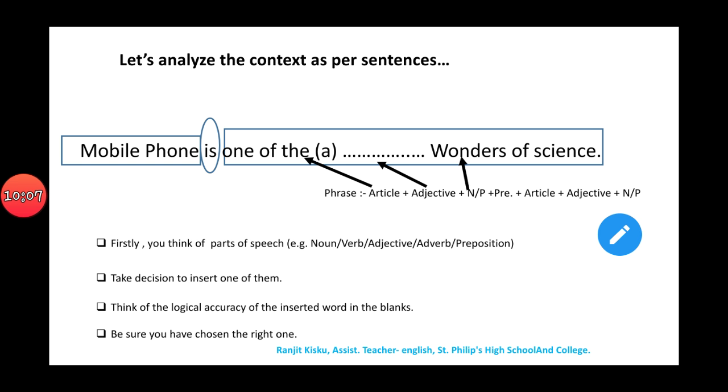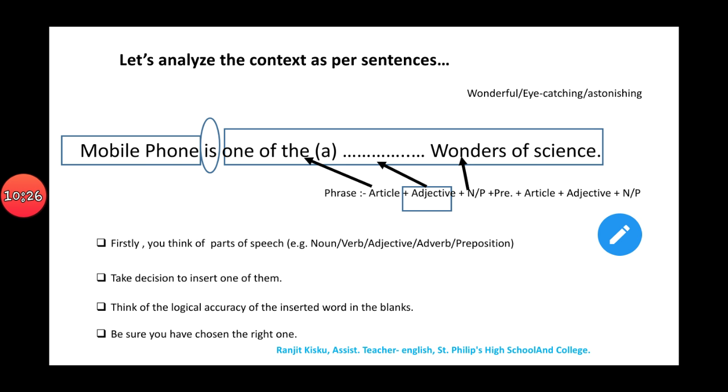So when you get the context, you must remember that note that the context may be of situations. So we need to know situational words here. Wonders dash wonders. So we are sure that an adjective is needed in the gap.